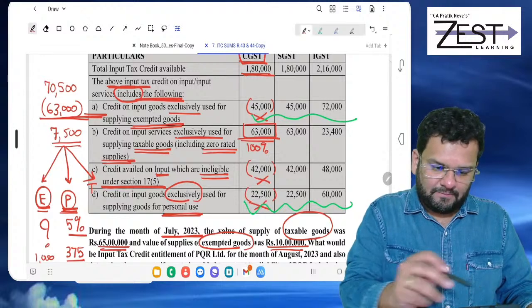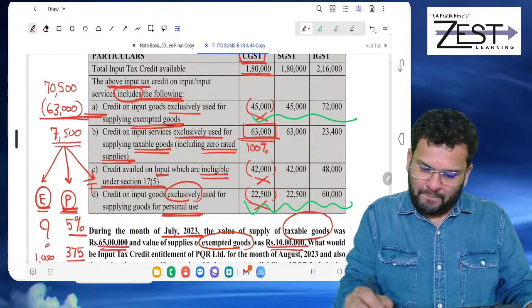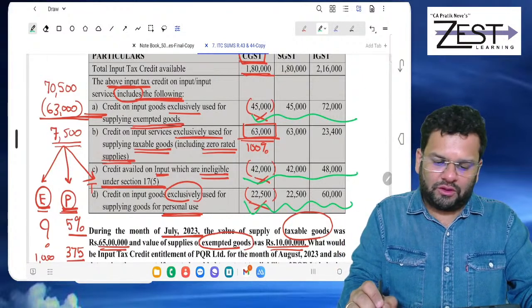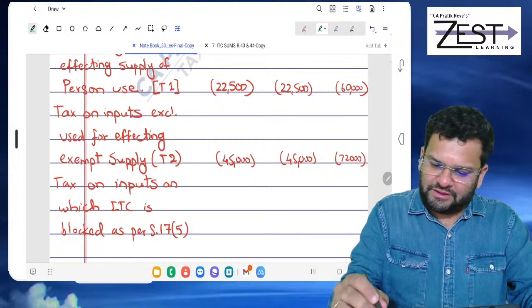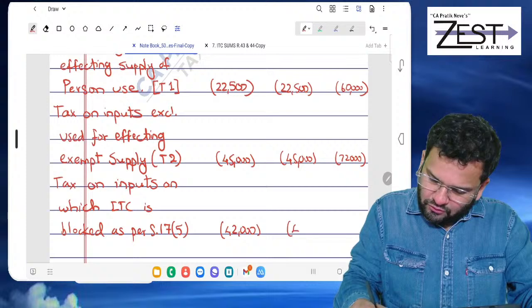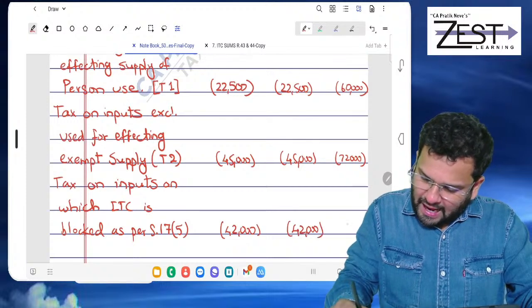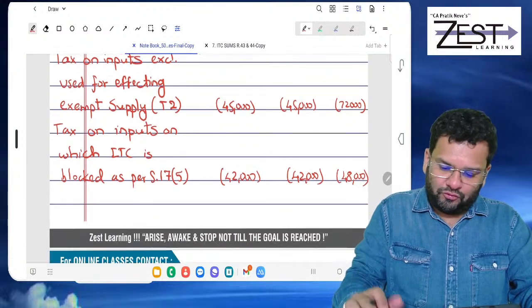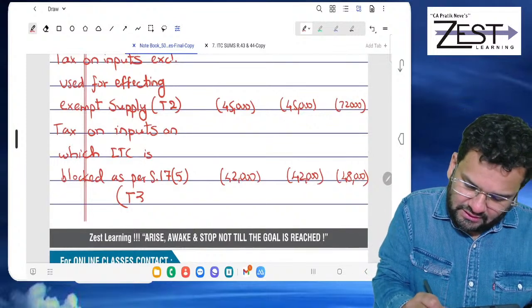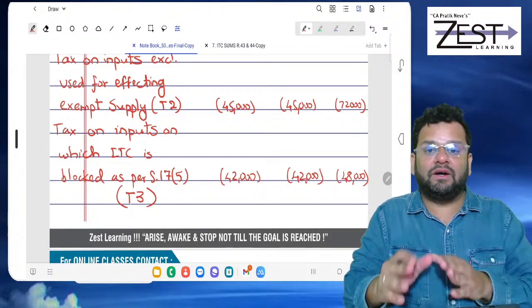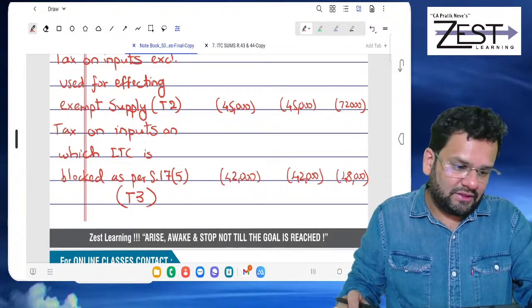That is 42,000, 42,000 and 48,000. Please take 42,000, 42,000 and 48,000. Of course, this is called as T3. So from T, you should minus T1, T2, T3.